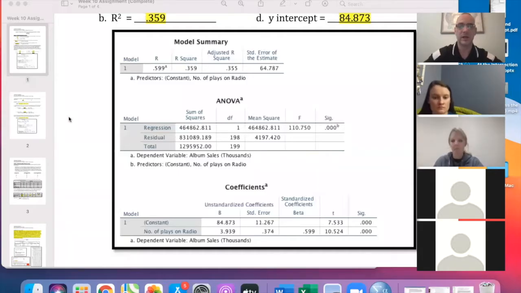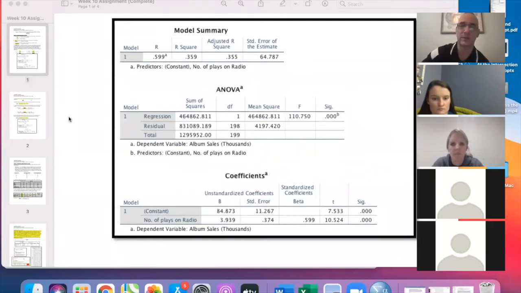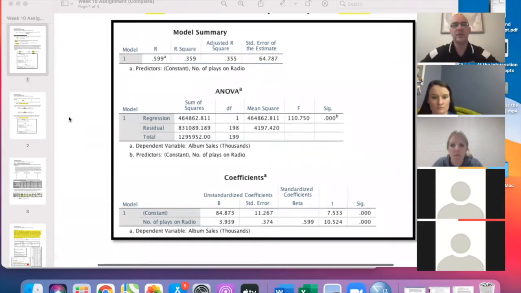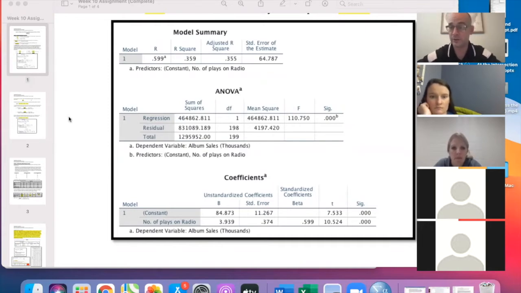Okay. So let's look at this. You probably got some kind of an analysis, and I could probably pull up the SPSS and run the analysis, but I've got this copy and pasted into my notes. So this is an example of your output. Does this look fairly familiar, Sarah, to what you were getting? Yes. So you run your analysis of variance.